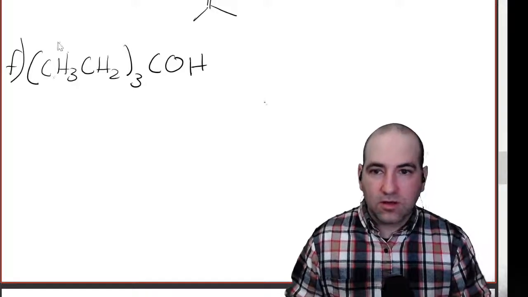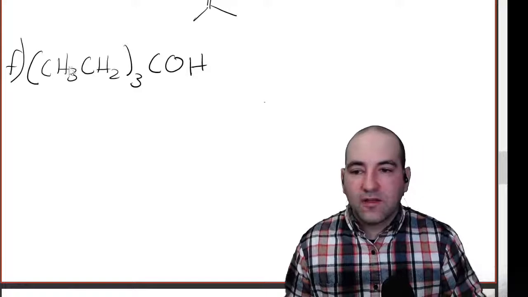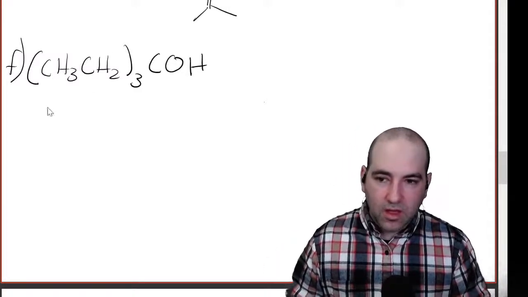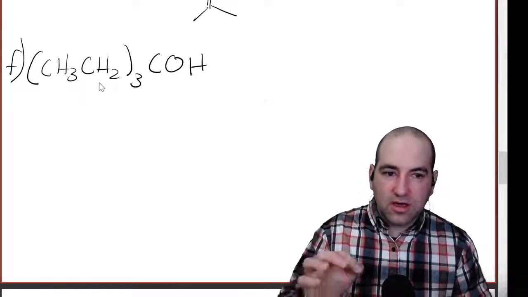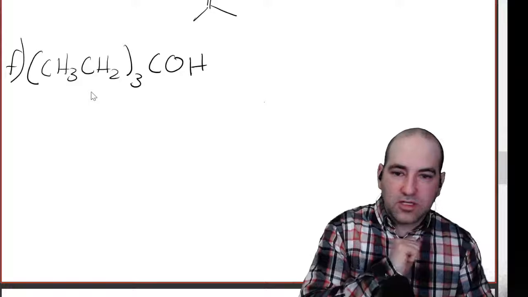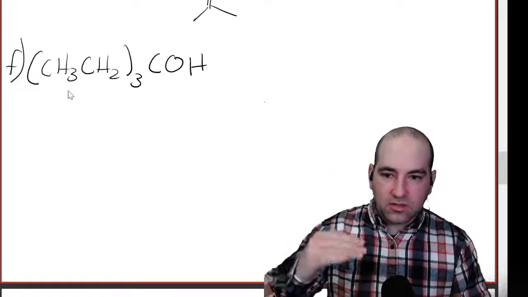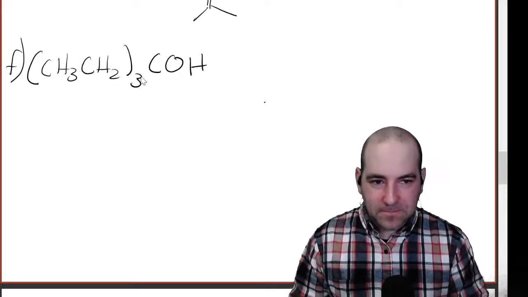Only 4 bonds total. So if there's a CH3 in parentheses, that tells us that there actually has to be multiple of this whole group. So this isn't CH3, CH2, and then another CH3, and another CH2. This is CH3, CH2, CH3, CH2, CH3, CH2, all connected to this carbon over here.